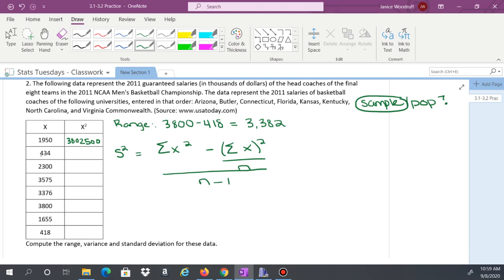All right, 434 squared, I'm getting 188,356. 2,300 squared, I have 529 and then 4 zeros. $3,575, I have 1,278,0625.